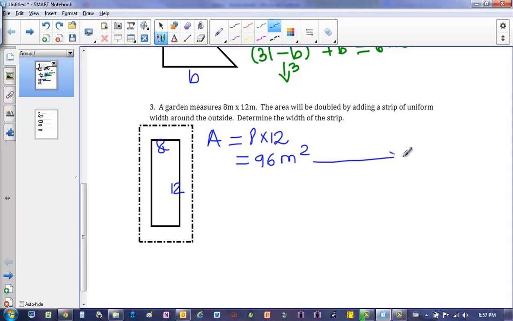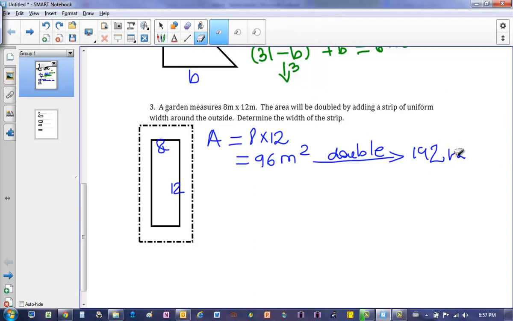If I am to double this area, I will get a bigger garden that measures 192 square meters. I apologize, my pen is not working all that well right now, so it's producing squiggly lines.